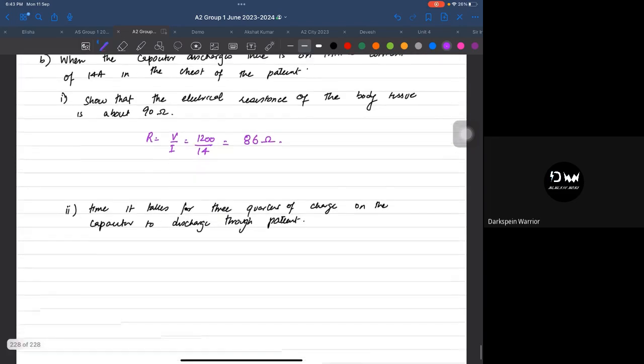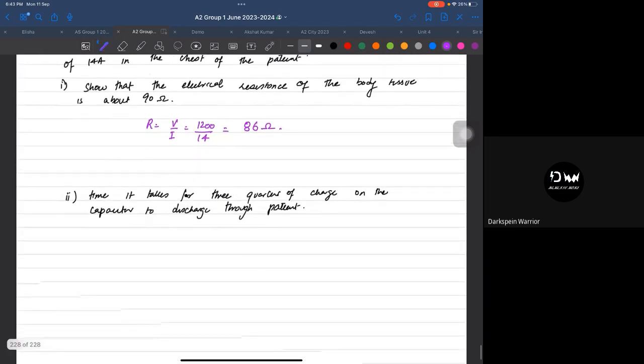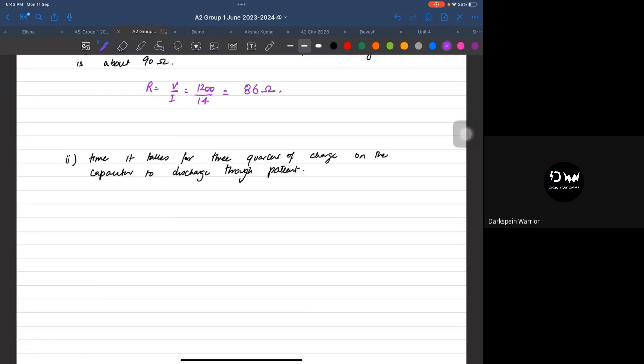And then the next question is the most important one. It says, time it takes for 3/4 of charge on the capacitor to discharge through the patient. Okay, I want you guys to please solve this. Try if you can do this. You have 2 minutes for this.